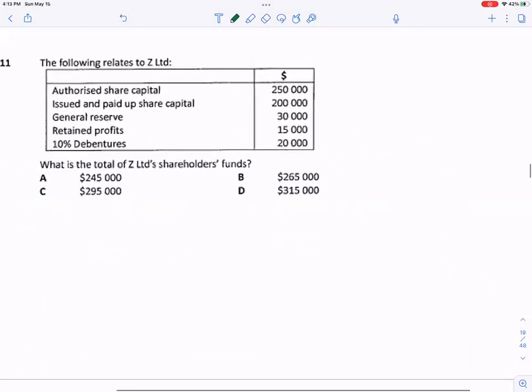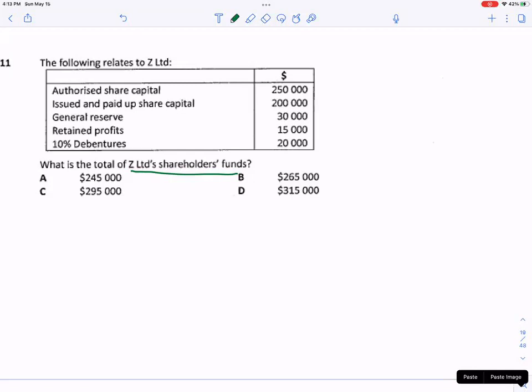Now tell me what shareholders funds is. You all know what shareholders funds is.